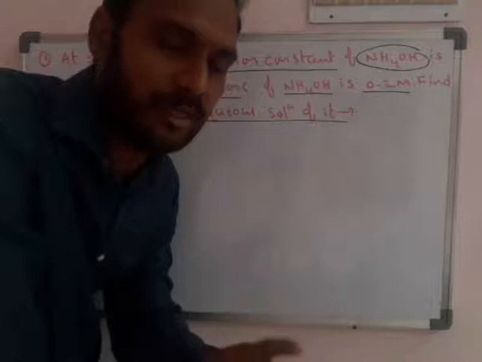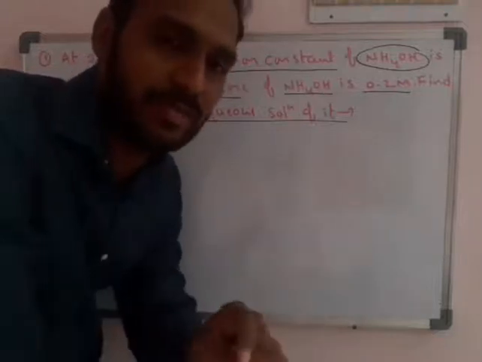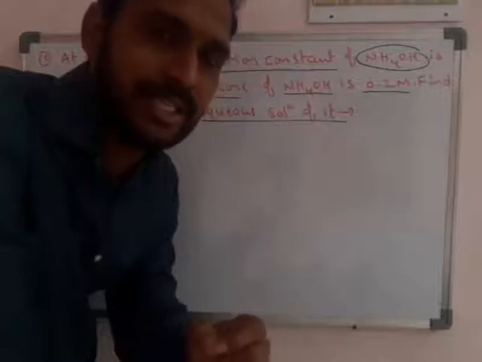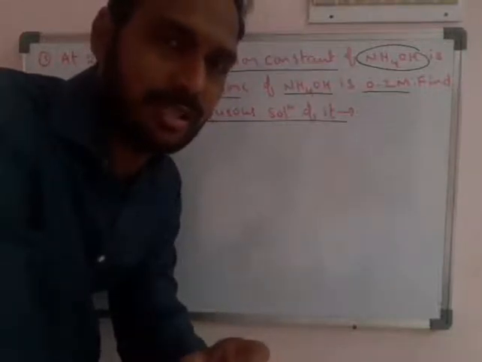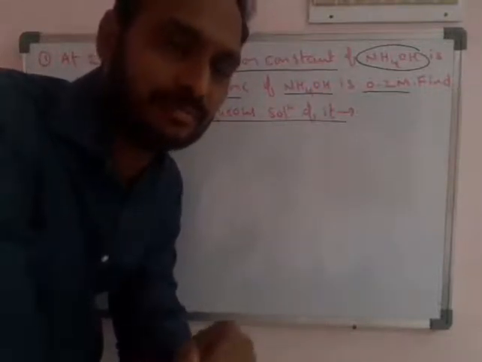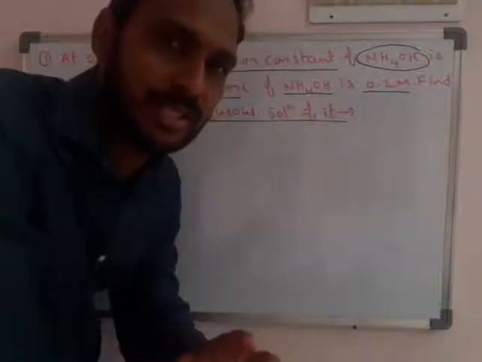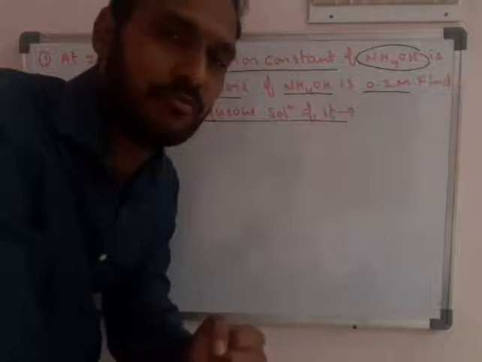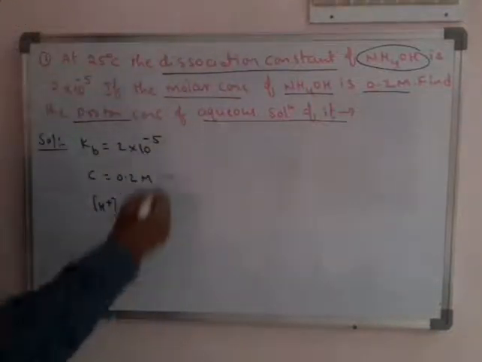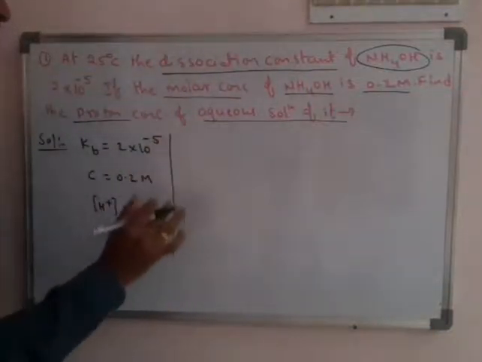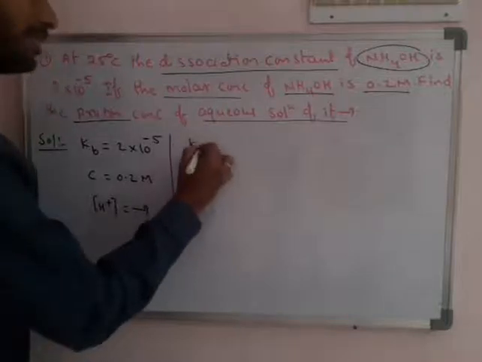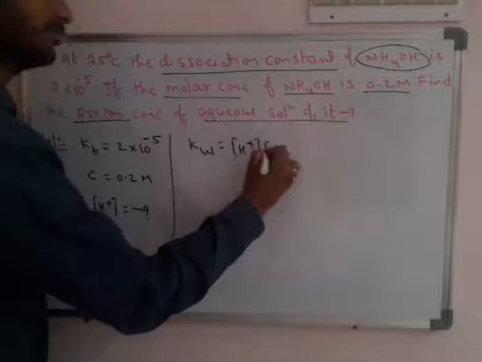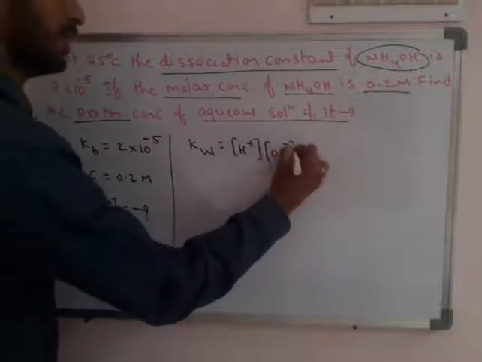For example, if in the place of NH4OH it is given sodium hydroxide, we can directly take the OH minus concentration equal to the base concentration. But we know that NH4OH is a weak base. Which formula do we want to use to calculate it? Kw equal to H plus into OH minus.